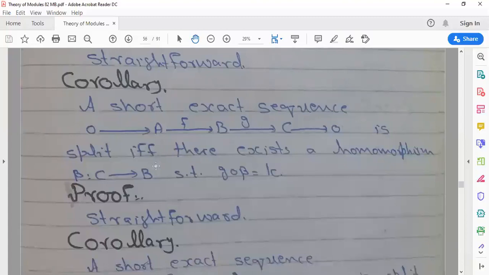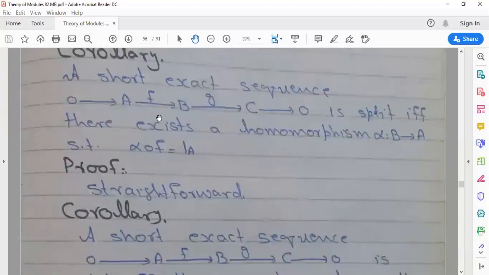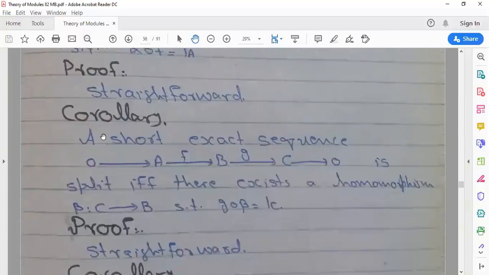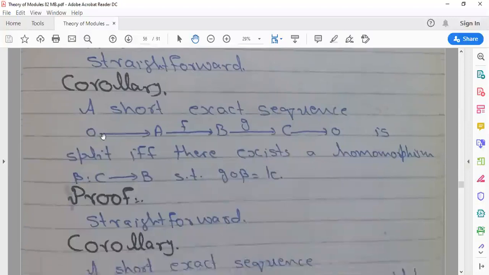In the previous corollary, we studied the inverse function. Alpha is basically the inverse function of f, so alpha is defined from B to A. But in the next corollary, we study beta from C to B. So let's start the statement of this corollary.